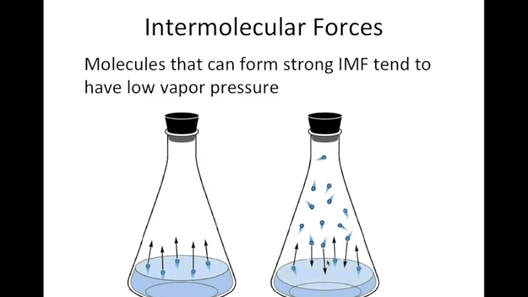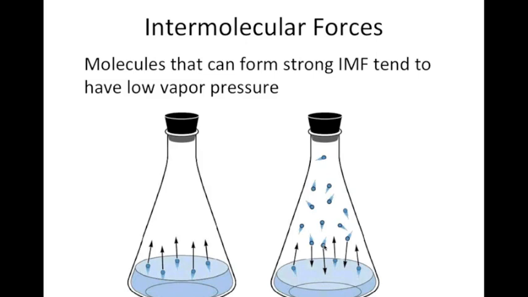What that means is that for every one liquid molecule that goes up into the gas phase, one of the gas particles will condense and go back into the liquid phase. Every time one liquid molecule evaporates, one gas particle will condense back into the liquid phase. So you have an equilibrium that's reached.